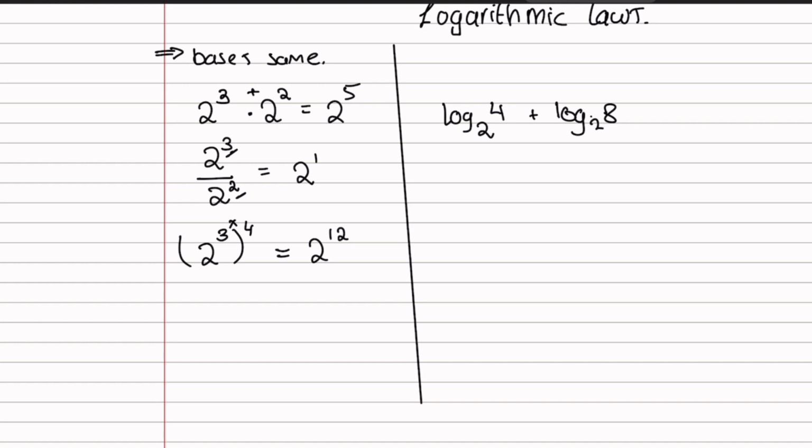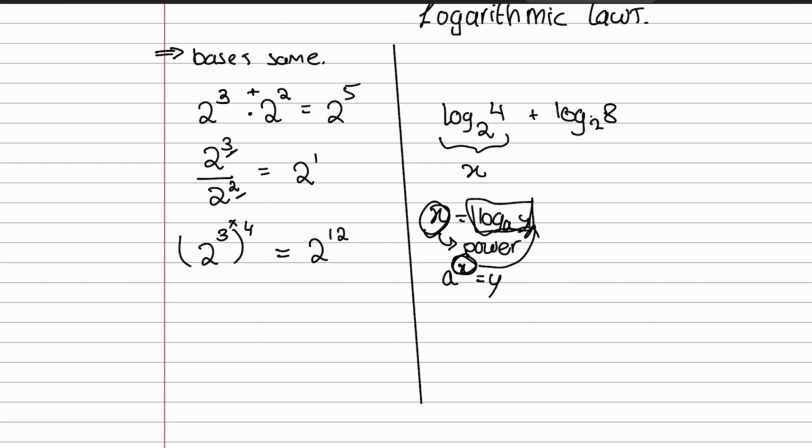But anyway, as I mentioned, the logs over here are supposed to be your x, because x is supposed to be log of y to base a, and x also happens to be the power. I usually denote it as a to the power x equals y. Therefore, x happens to be the power, and x can also be written as log base a of y. Therefore, this entire log over here is the power.